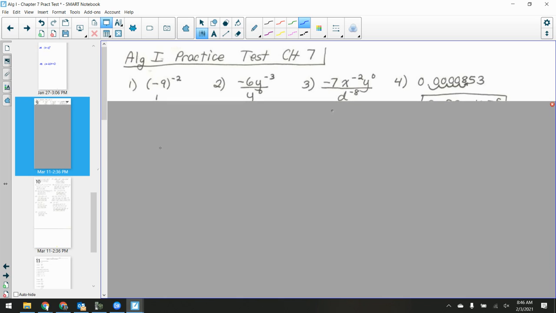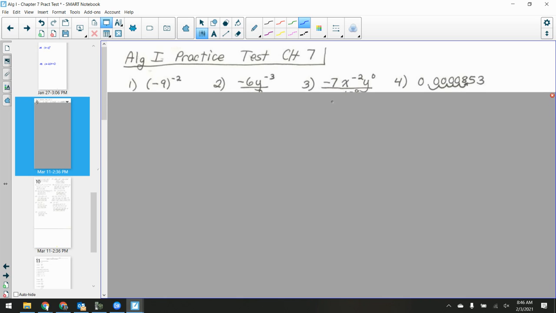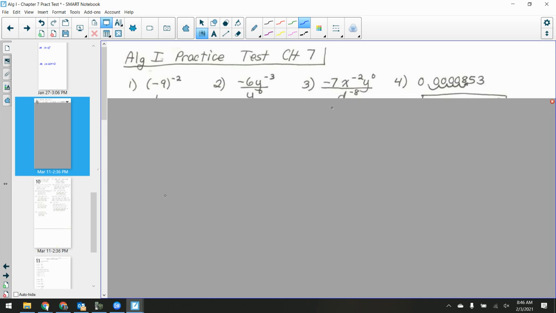I'll show the answers here in a second once we get done with this whole row. Number 2. What should the answer be, Ben? I got y to the 0 on top, and then I got 8 to the -6, and then -3. You're doing some funky stuff there, Ben.